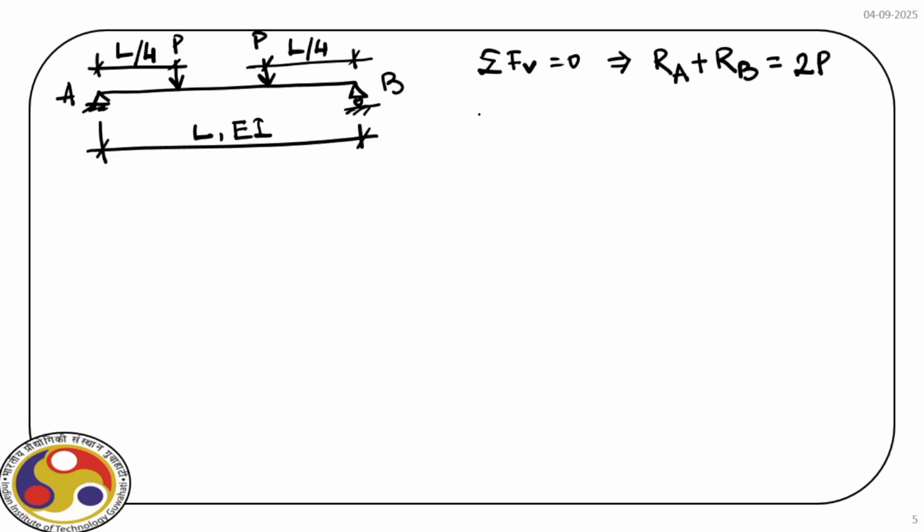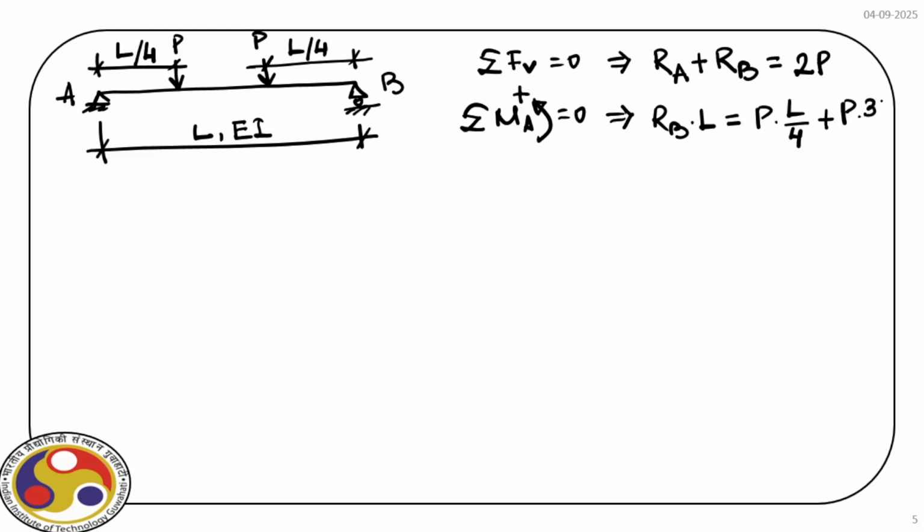Similarly, we apply moment equilibrium about the point A, and it gives RB times L is equal to P times L by 4 plus P times 3L by 4. So effectively we have RB is equal to P. So RA is also equal to P. That means we have two reactions, P and P.